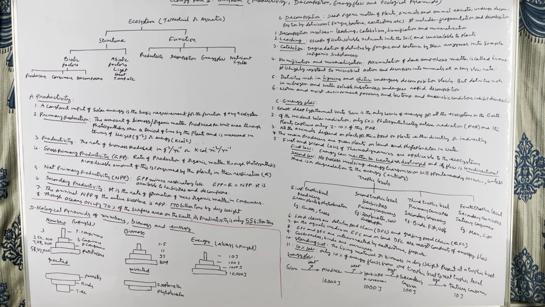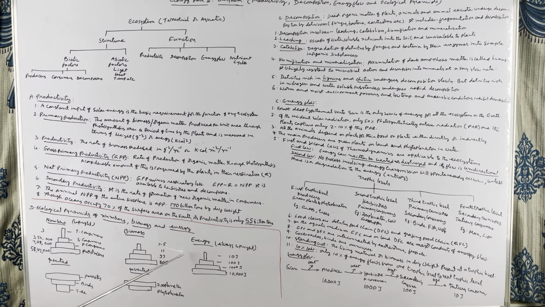Zooplankton means animal protozoans, animal larvae, etc. The phytoplankton multiply very rapidly, but they are consumed in large numbers by zooplankton. So at any given time, the biomass of phytoplankton is much less than that of zooplankton. This is because phytoplankton is constantly consumed by zooplankton. In this way, in the aquatic ecosystem, the pyramid of biomass is inverted.